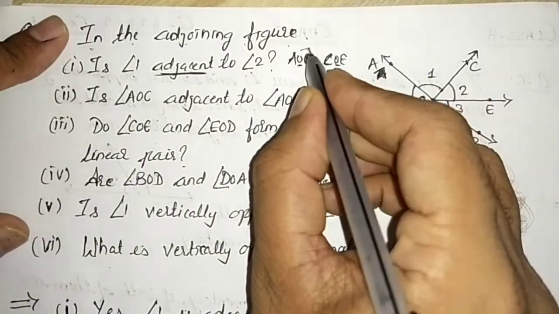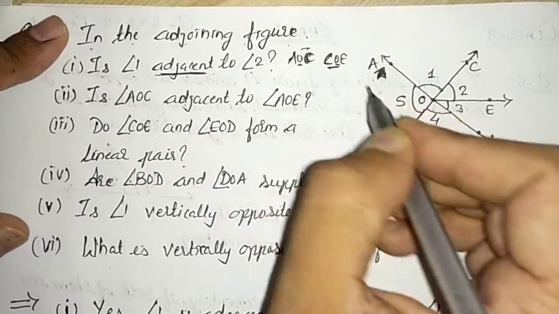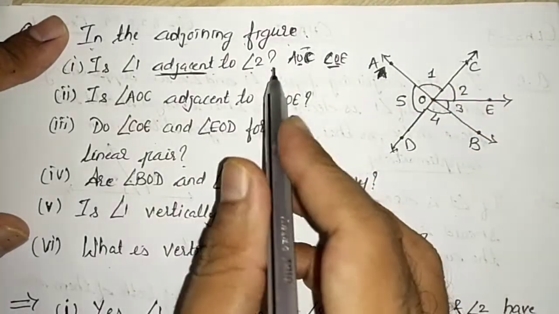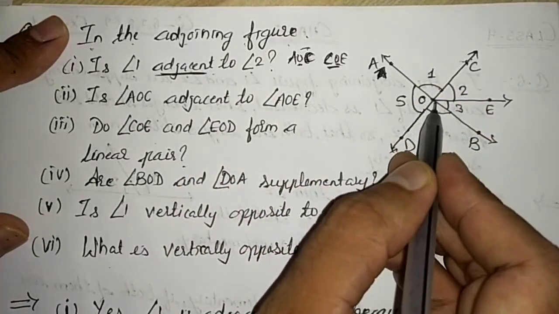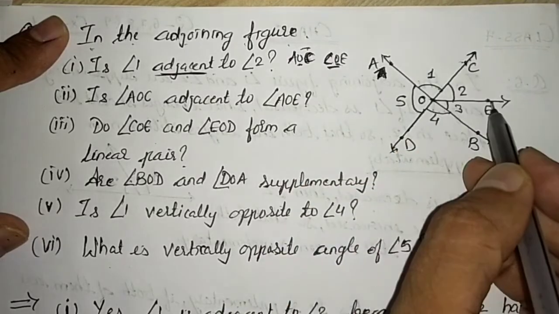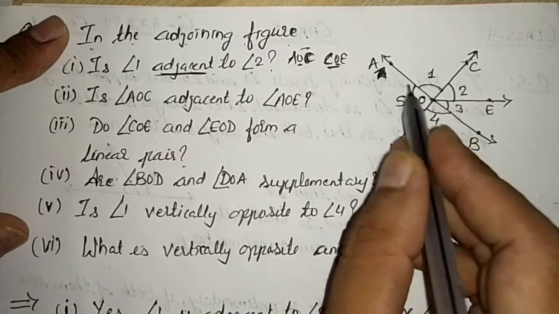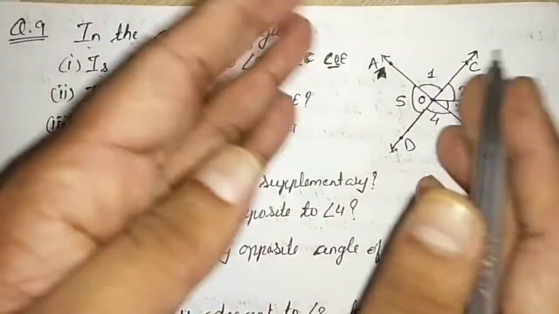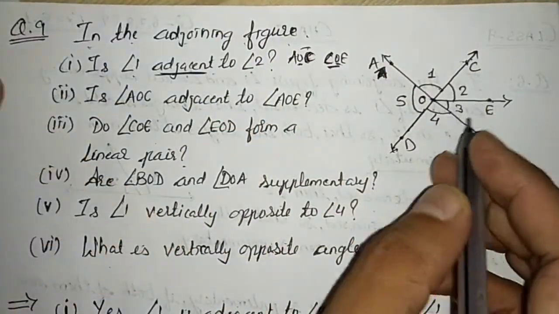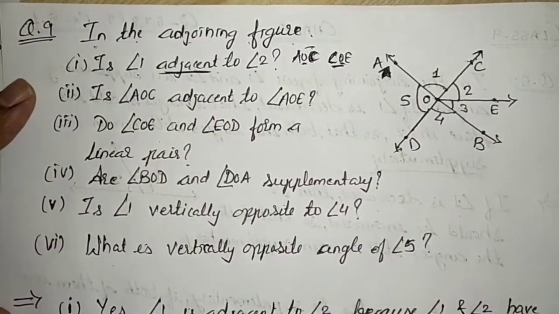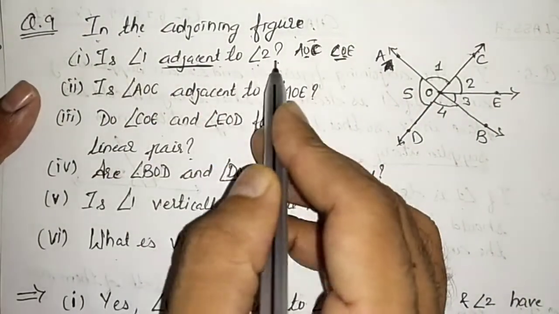Yes, OC is the common arm. And are the non-common arms on either side? Yes, OA and OE are on either side of the common arm. So yes, angle 1 is adjacent to angle 2.